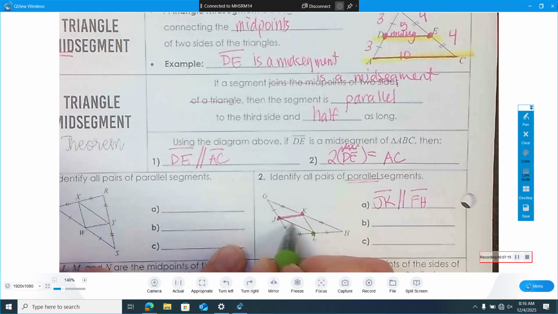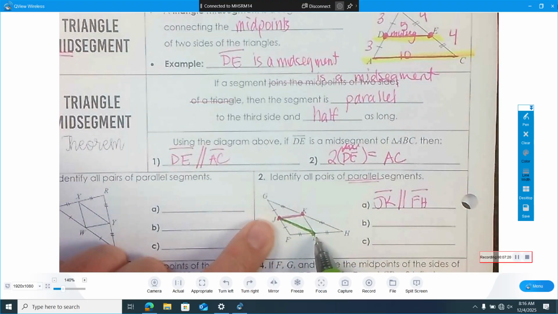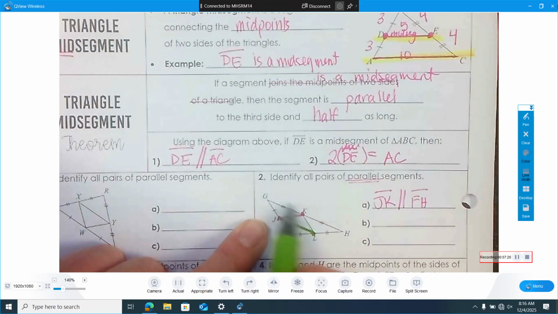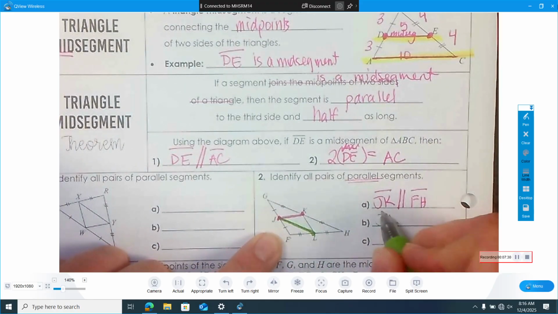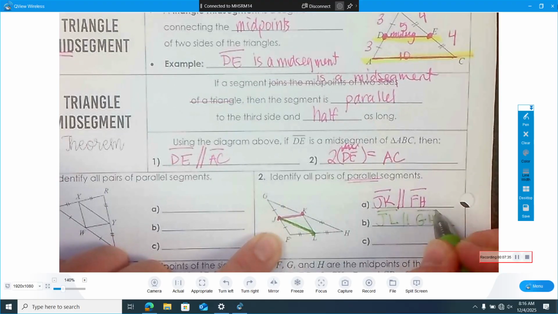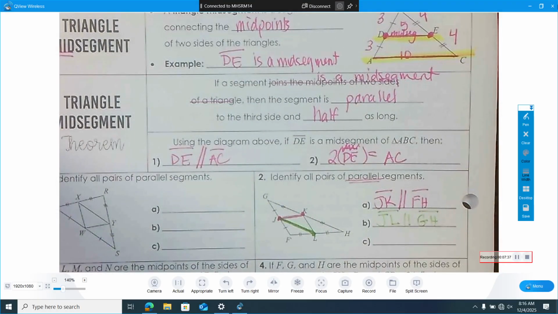So here, JL is parallel to GH. Yeah, it's a midsegment. JL is a midsegment, and it's parallel to this side over here, GH. So segment JL is parallel to segment GH. It's also half the size.